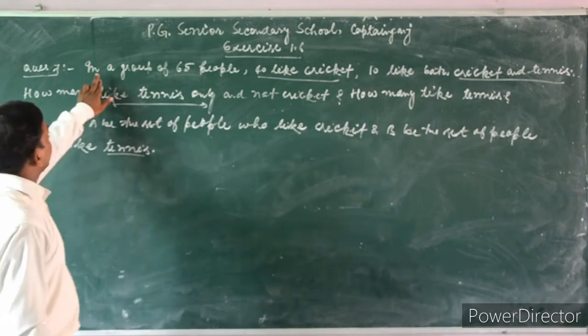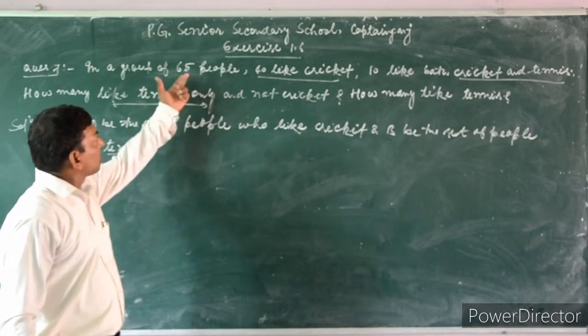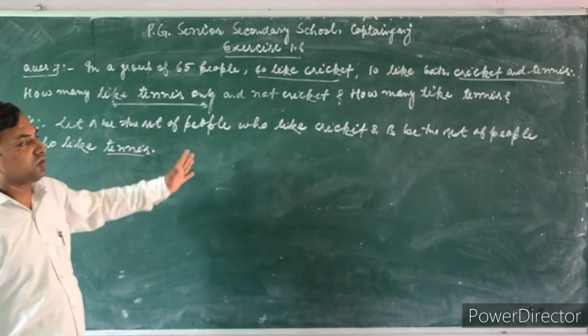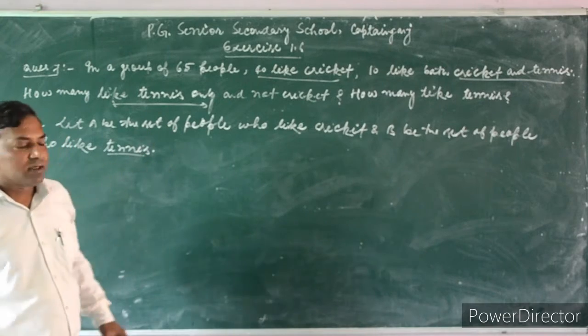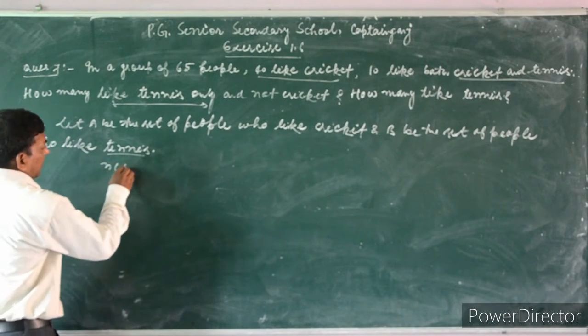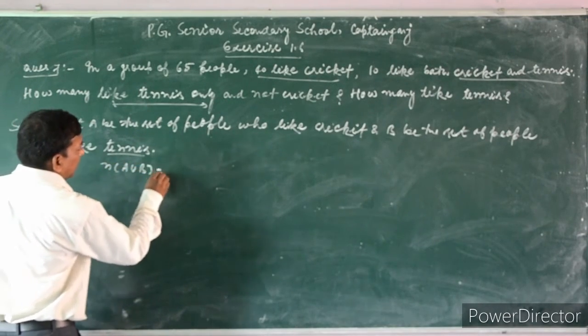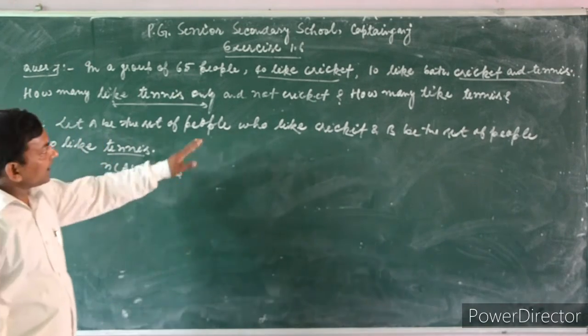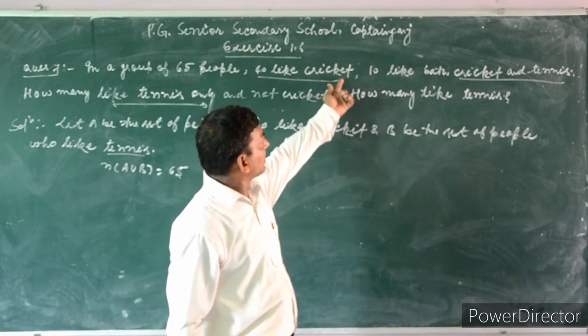It is given that in a group of 65 people, total people are 65. Total means the collection of two sets, it's called union, so the cardinal number of A union B is 65. Second, 40 like cricket.